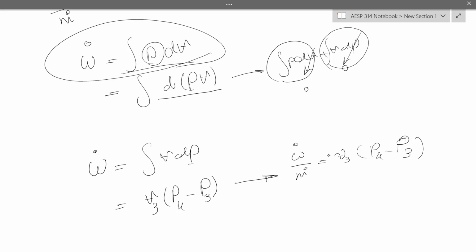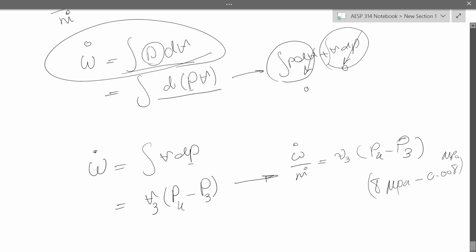Just plug in the pressures: 8 megapascals at P4, 0.008 megapascals at P3, and nu 3 was 1.0084 times 10 to the negative 3, equals W dot divided by M dot.